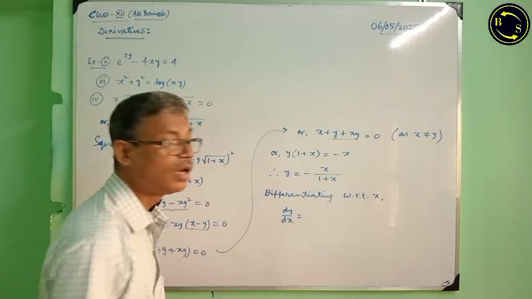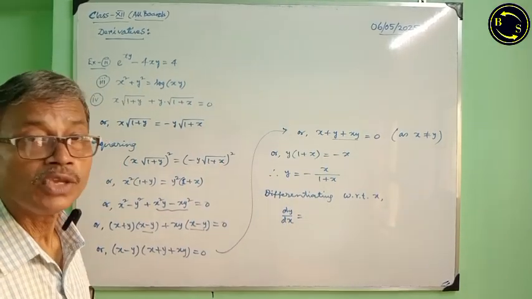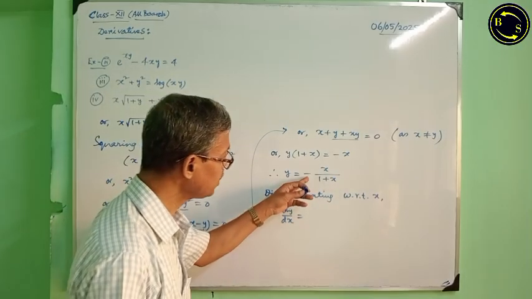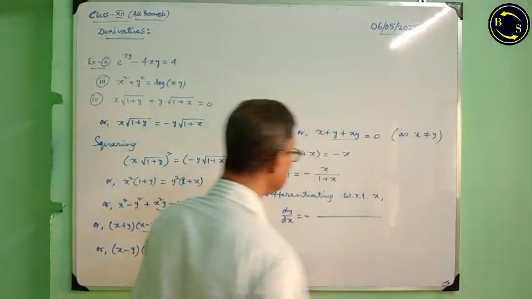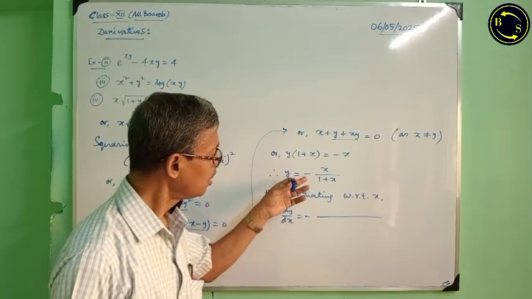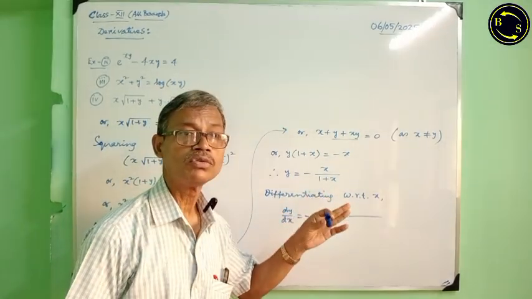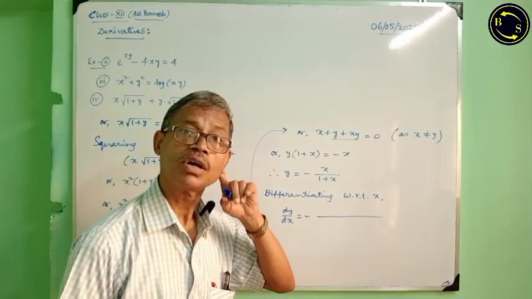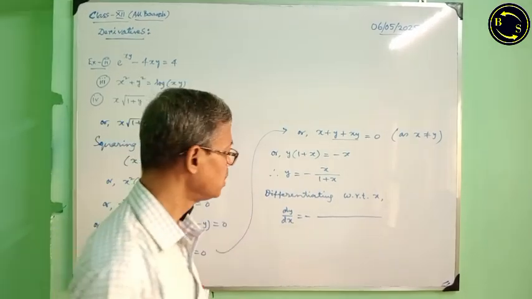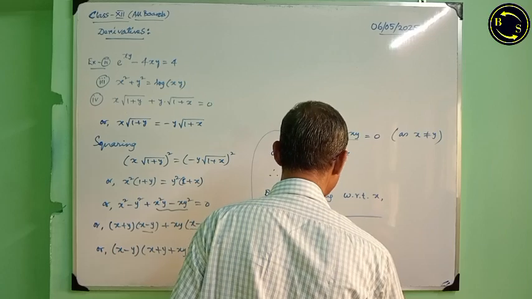Now, right side is of the form u by v. First of all, I take minus outside. Actually, ddx of minus fx, that is equal to minus ddx of fx. Minus means minus 1 is multiplied, that is constant. Then this is of the form u by v.